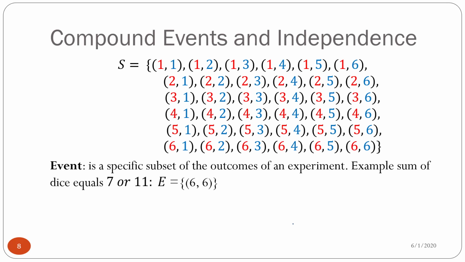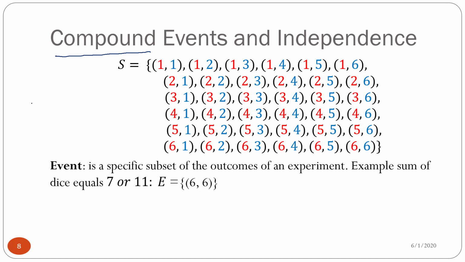Okay, good. So now I have the same example repeated here for the reason that I want to tell you about compound events. The event that you're looking at right now is compound.